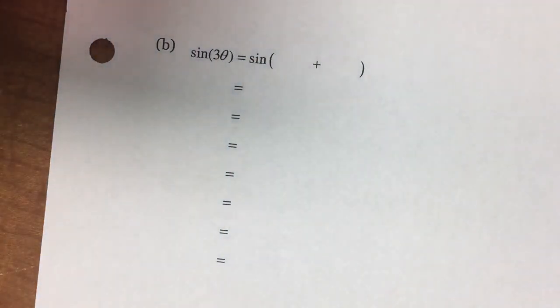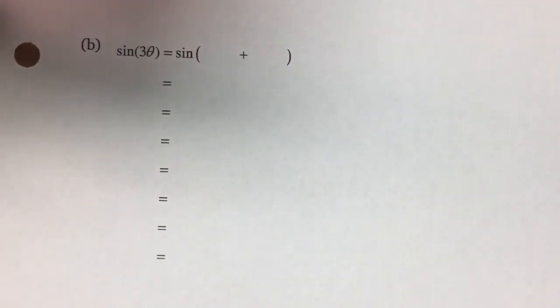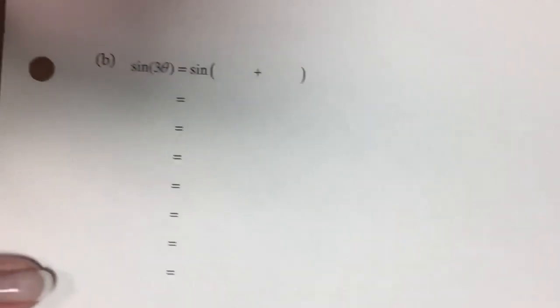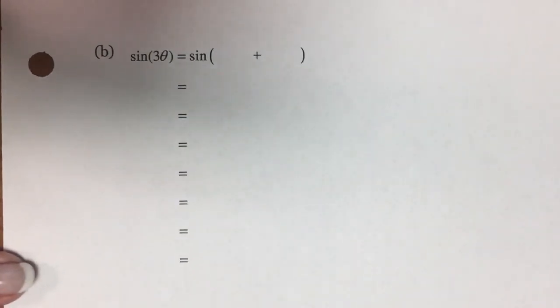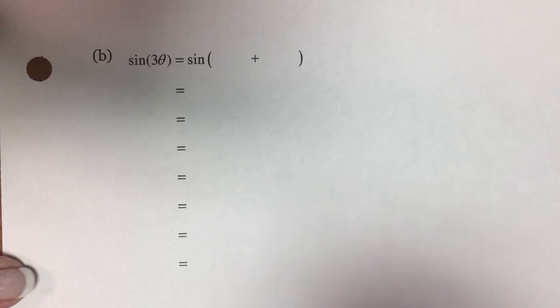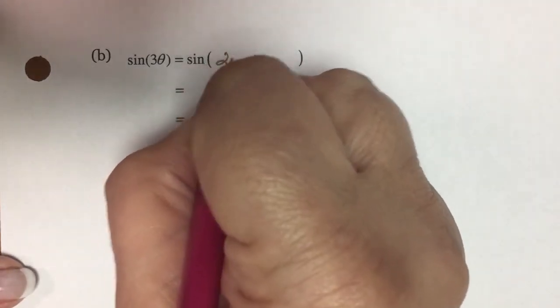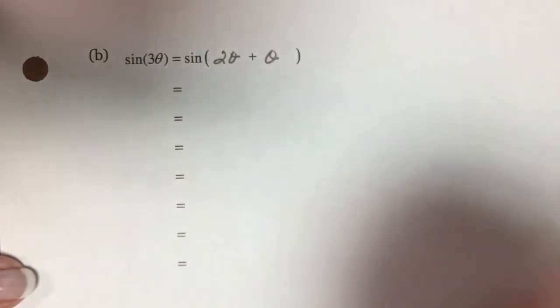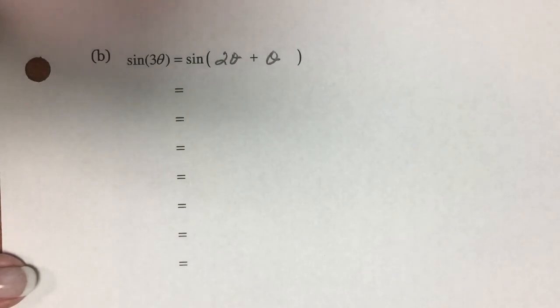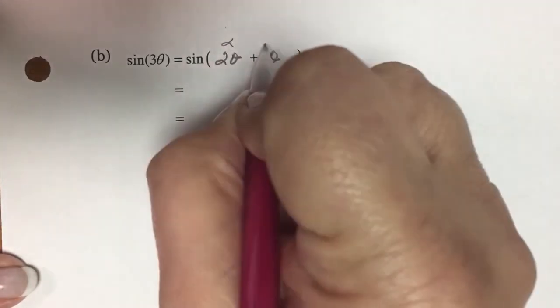All right, so there is an identity for sine of 3 theta. You're not going to use it, but I thought it might be fun to go over how we get it, just so we can have some more practice in using our identities. So what we're going to do is 3 theta can be broken up into 2 theta plus theta. Again, this is my alpha and this is my beta.